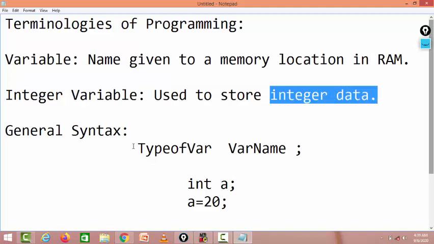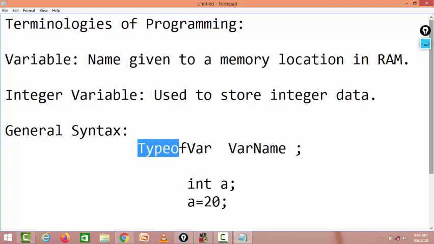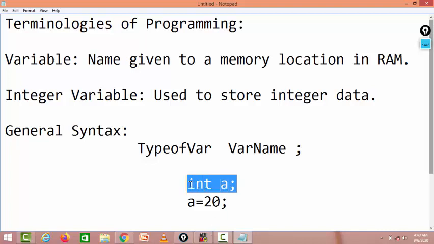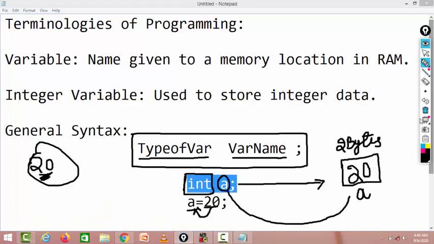To declare a variable, you write the type of that variable, a space, followed by the name of that variable. The example: an integer variable is written with the keyword int followed by the name A, and when the compiler reads this line, it goes to RAM and stores a variable with the name A, allocating 2 bytes. Again, I am saying that it's a system dependent size.